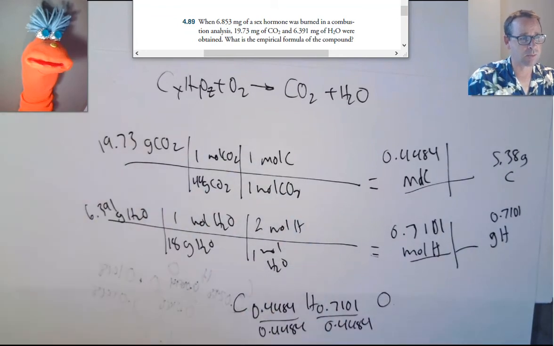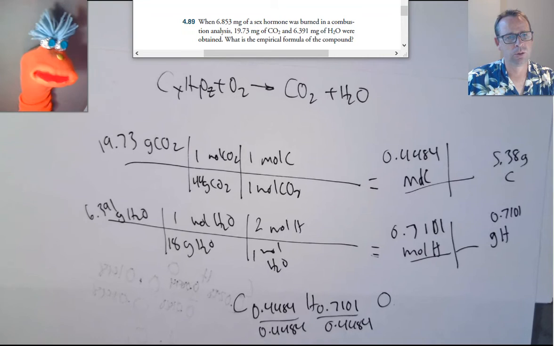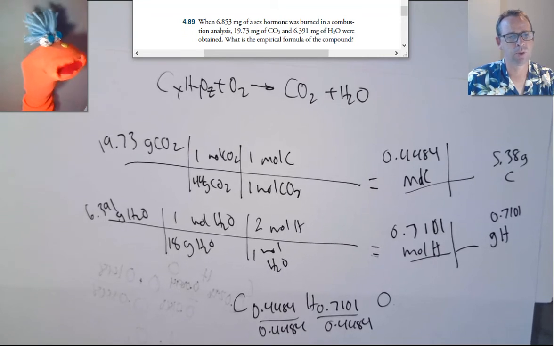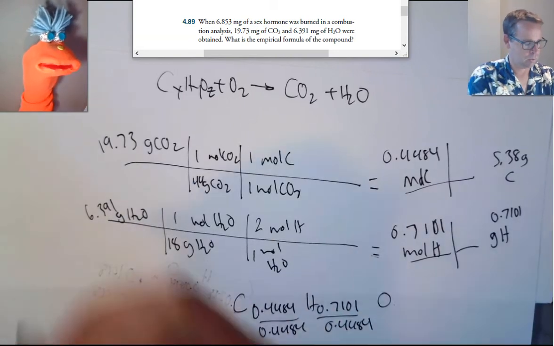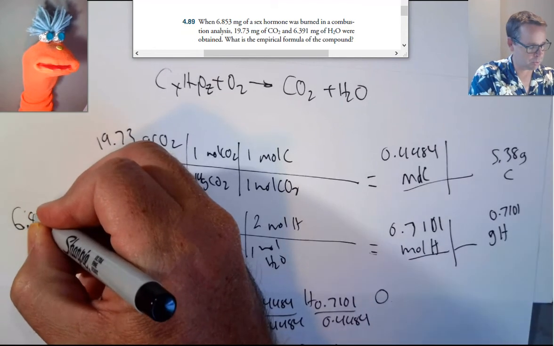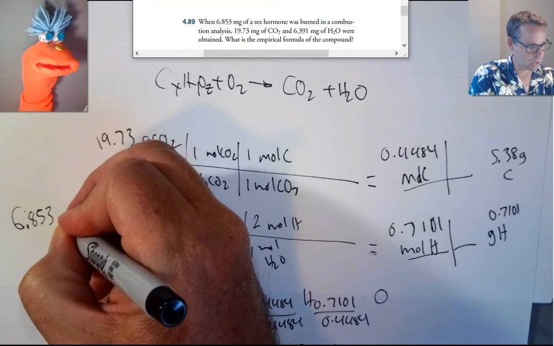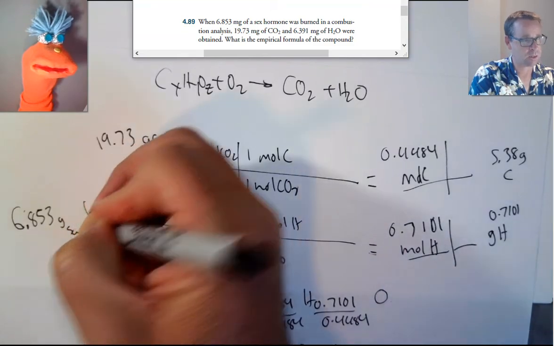And then we can take, well, do you remember, Fred? What do you do? You have 6.853 milligrams of sample, but you're saying grams, right? That's right. We're using grams, so everything is just multiplied by 1,000. 6.853 grams of sample, right?